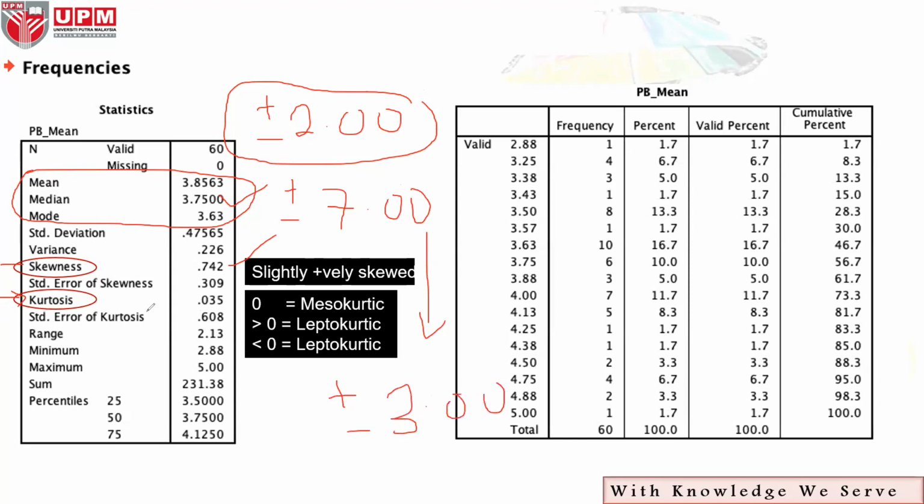So for kurtosis we use plus minus 3 as the indicator. The kurtosis value is 0.035, so it still falls within the range of plus minus 3. Therefore, we assume our data to be normally distributed based on kurtosis.